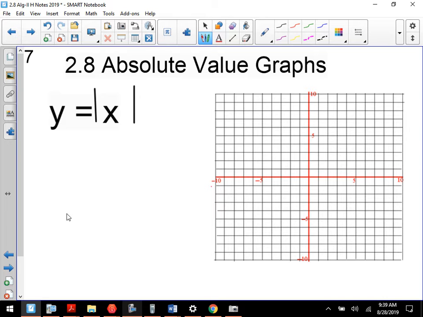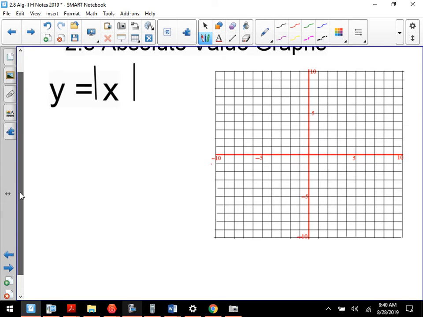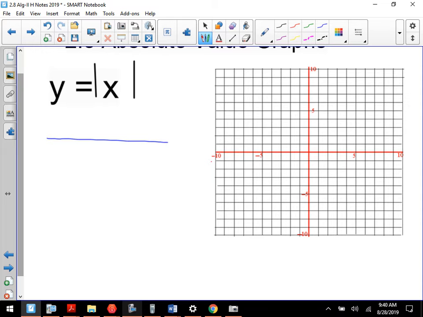Now, the way I like to show how absolute value graphs work kind of goes with the same way that you all learned how all graphs work. We like to use tables. Okay? Now, when you first learn how to do tables, we always pick values of x for the domain to input to the function to get values in the range of your y.